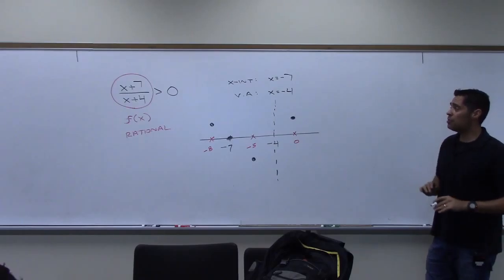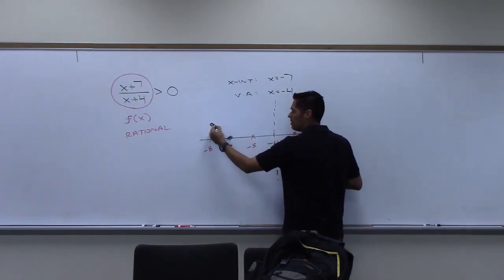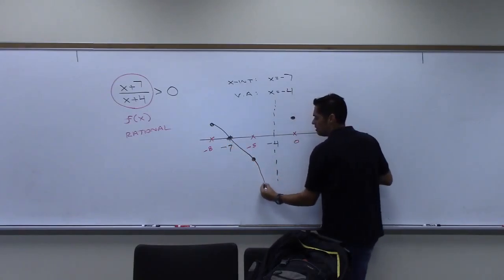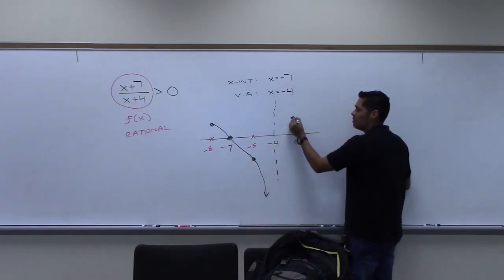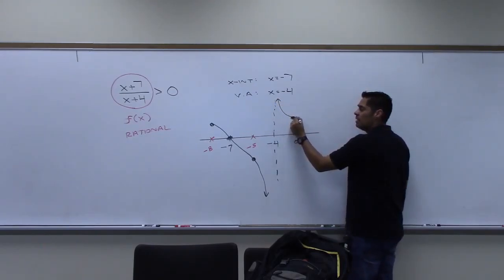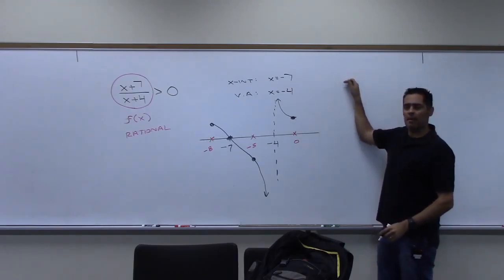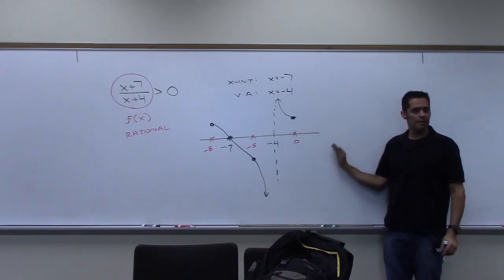So if I asked you to draw this right now, here's what you could tell me. You know that this connects, and you know that this dives down. You know that this goes up, and then on this side it either flattens out to something or it goes up. There's no way it crosses back through. Why?